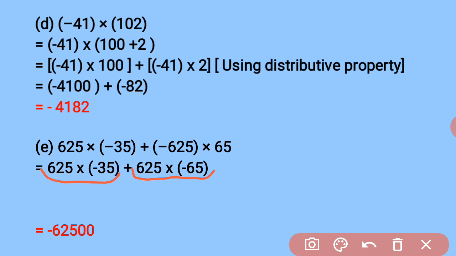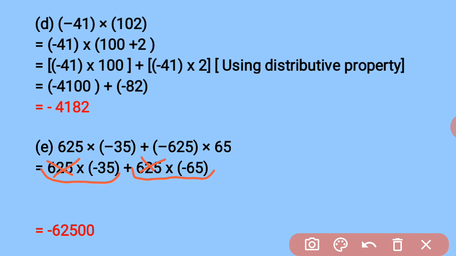Now both the trays have something common. It is 625. So what are we supposed to do? Yes, we will remove that common thing out of the trays. We'll take it out, so 625 goes out. What remains? In the first tray, it is minus 35 that is remaining, and in the second tray, it is minus 65 that is remaining.